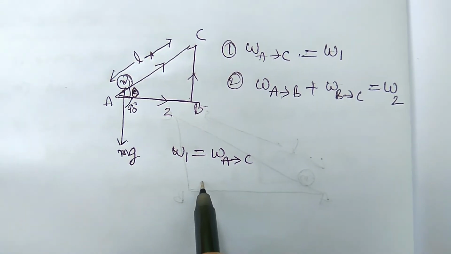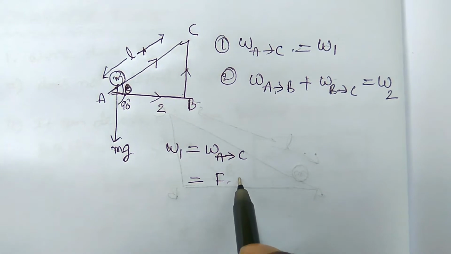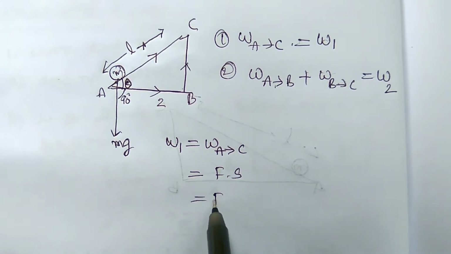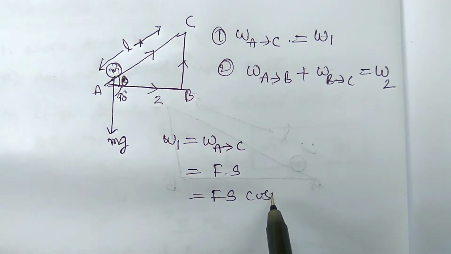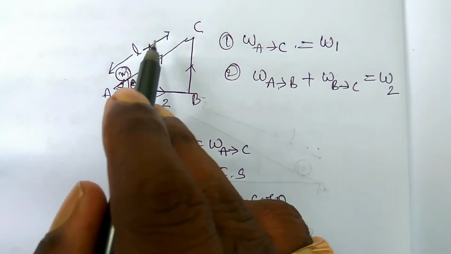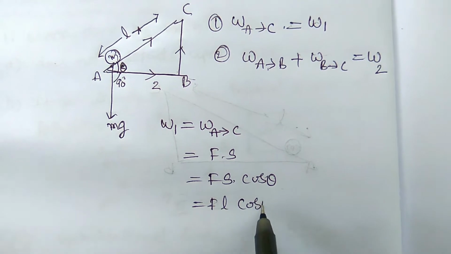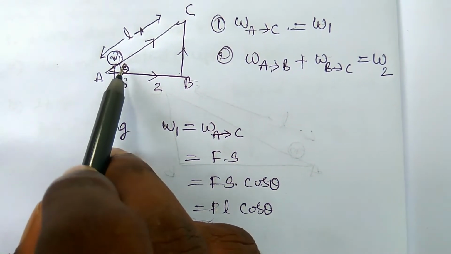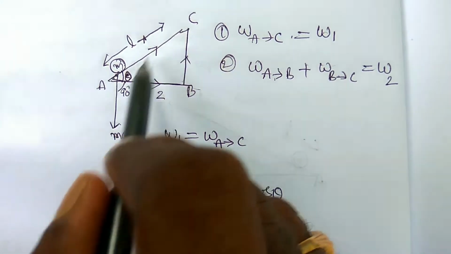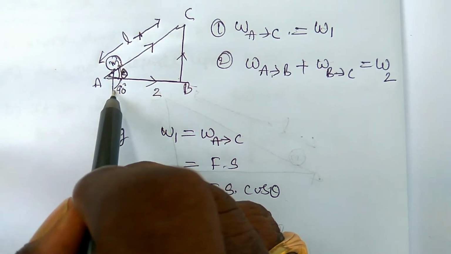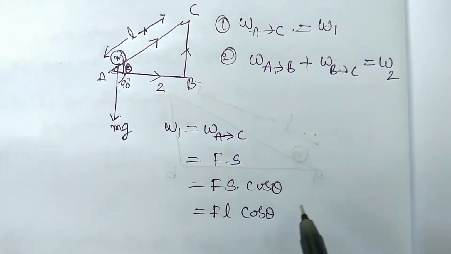Work done is nothing but F dot S. We can write it as F S cos theta, where S is the displacement, that is L. It is FL cos theta. What is the theta from A to C? So this can be the total theta, that is 90 plus theta.